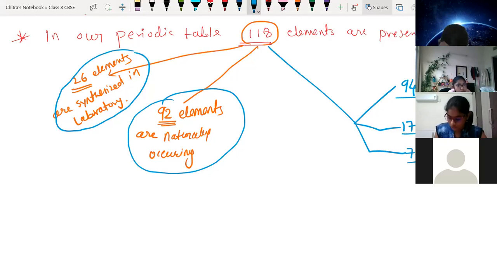If we add all, we get 118, right? Yes, sir. So just remember, out of 118 elements, 92 are naturally occurring and 26 are synthesized in the laboratory. And out of these 118 elements, 94 are metals, 17 are non-metals, and 7 are metalloids.